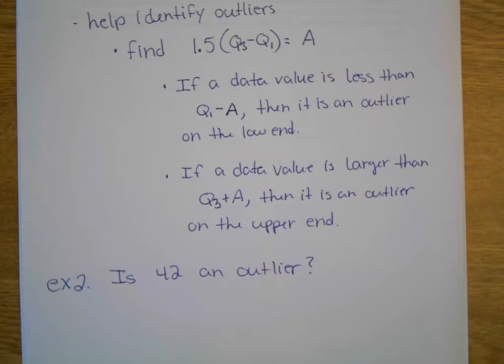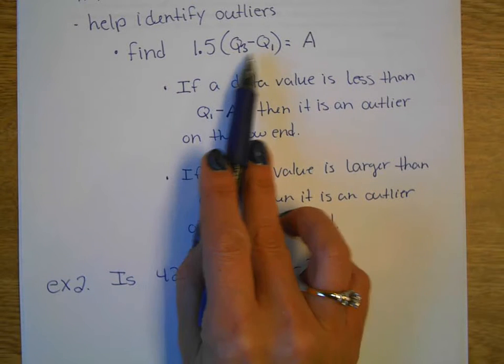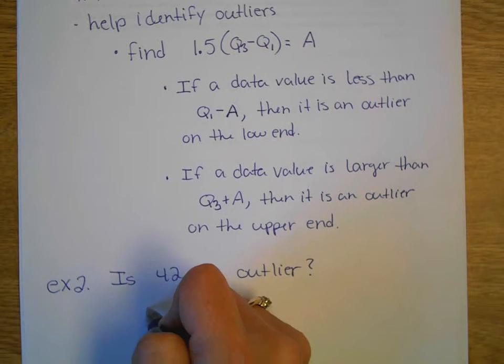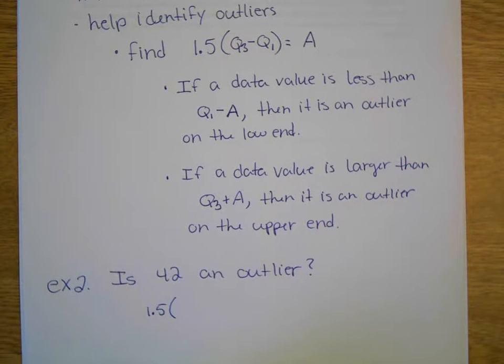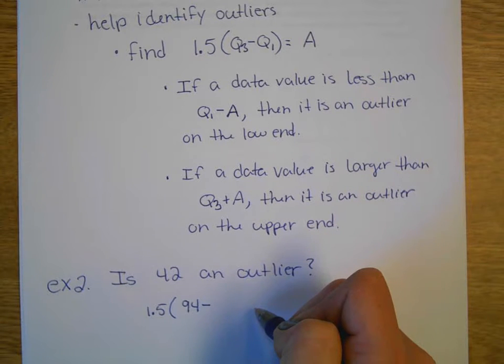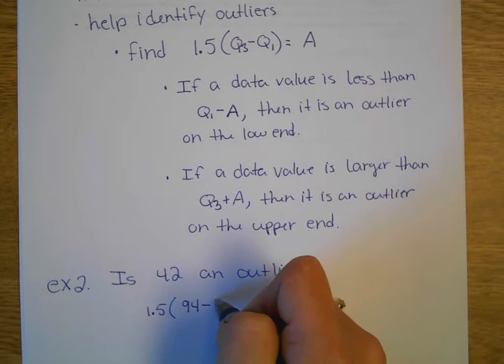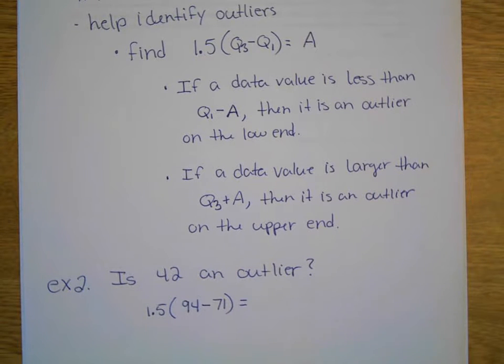Are you ready to do it? So we're going to check 1.5 times Q3 minus Q1. So 1.5. What was our Q3 value? What was our quartile score? 94. Our Q1 was 71. So 1.5 times that range.